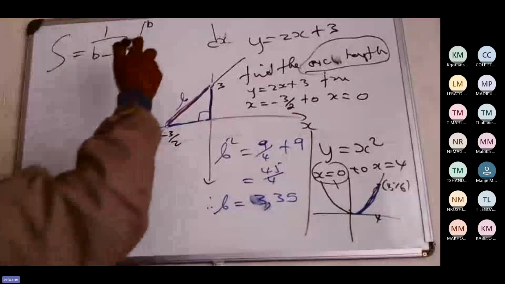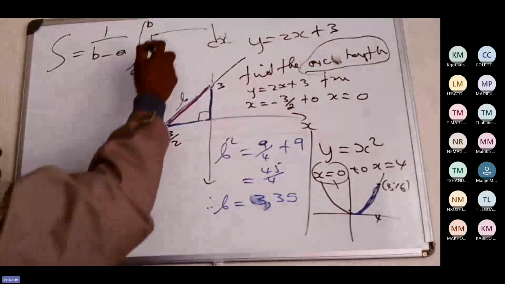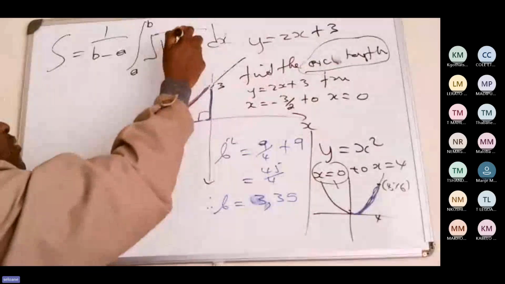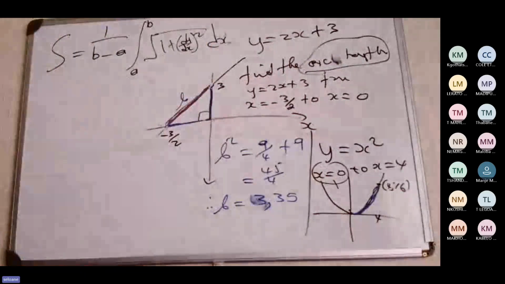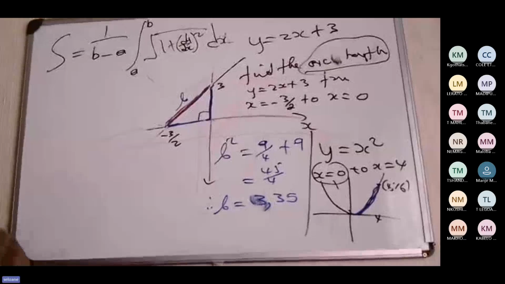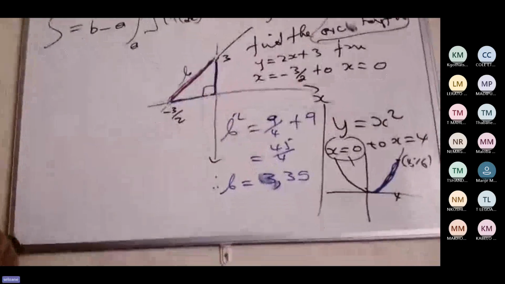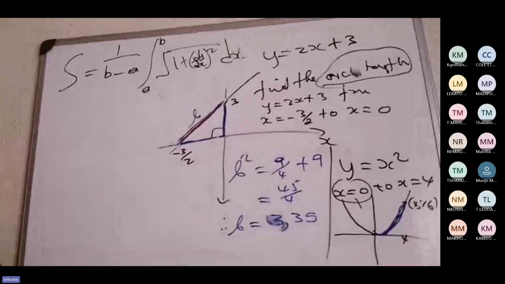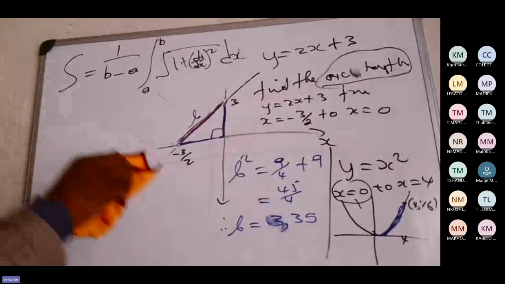It will simply be the square root of 1 plus dy over dx, all squared. I'm talking about a formula. Hopefully you can see this. Let me bring this closer. That is the formula. Hopefully you can all see it is clear.